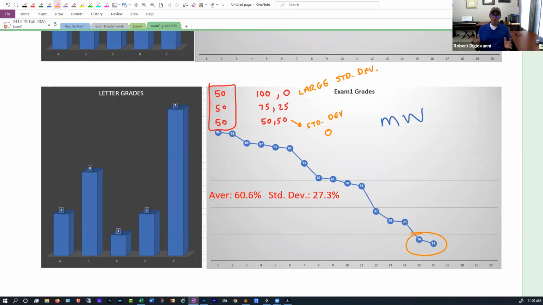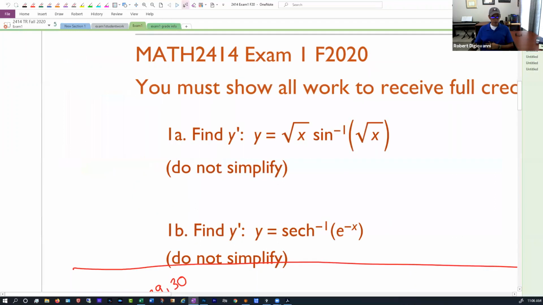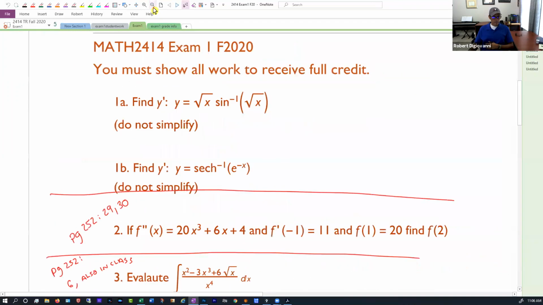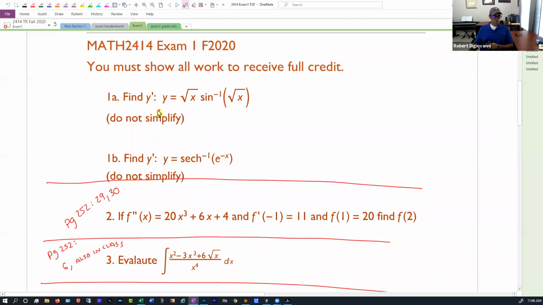But I'm giving the same type of tests I've given in the past. I'm not changing the difficulty level or anything like that. In fact, if we go back and look at exam one, just briefly, the first 2 problems were just derivatives using chain rule and product rule. You just had to know the derivatives of these new inverse trig functions.